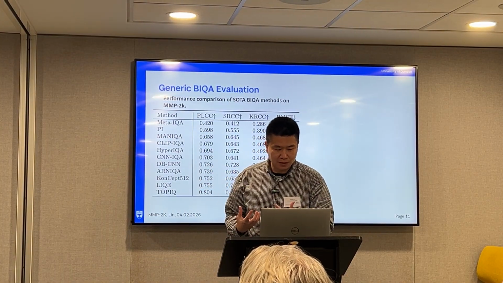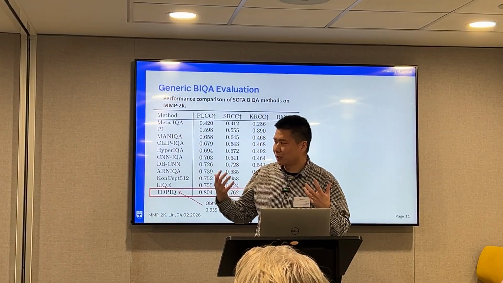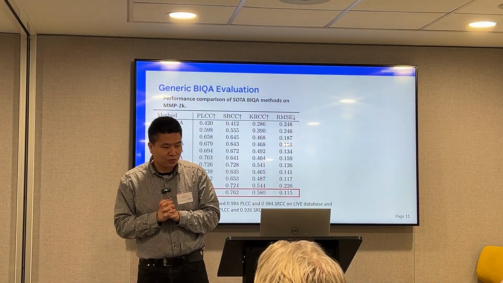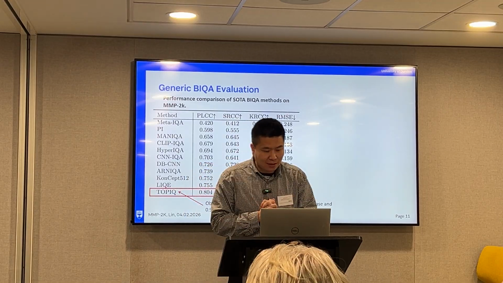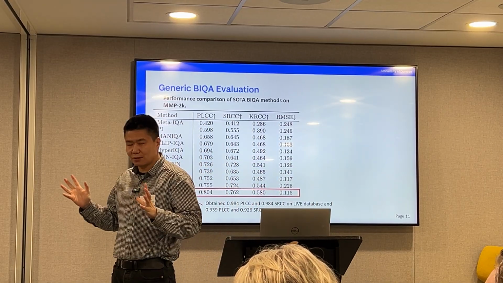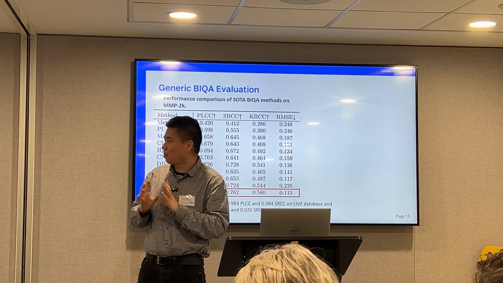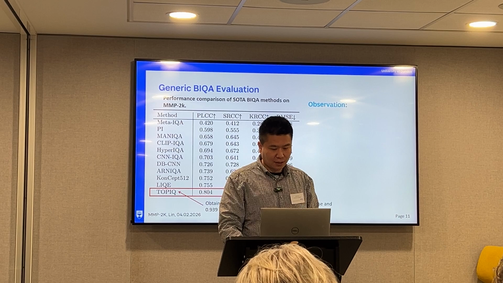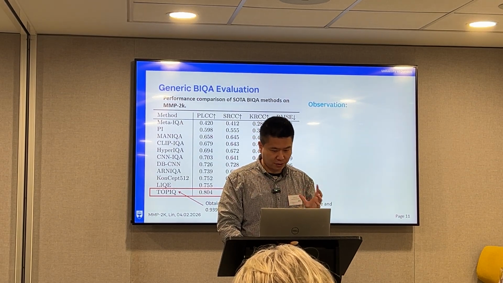You can see the best one, which is TOPIQ, is just 0.80. That is not very high. It is very high on LIVE and KonIQ-10K, because I think someone mentioned it's transformer based, so it is supposed to have good performance.